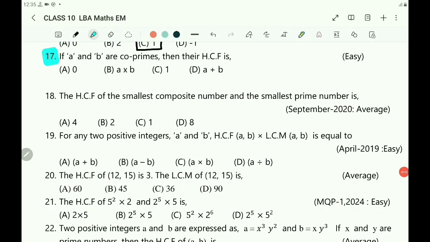Question number 17. If A and B are co-primes, then their HCF is? Here you know that A and B are co-primes, meaning they are not in the same table other than 1. So their HCF must be 1 only. The HCF of co-prime numbers is always equal to 1.